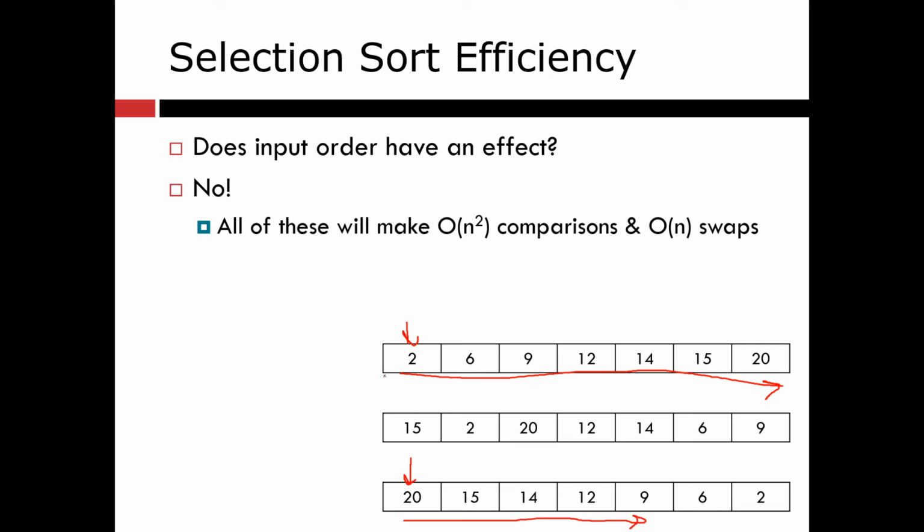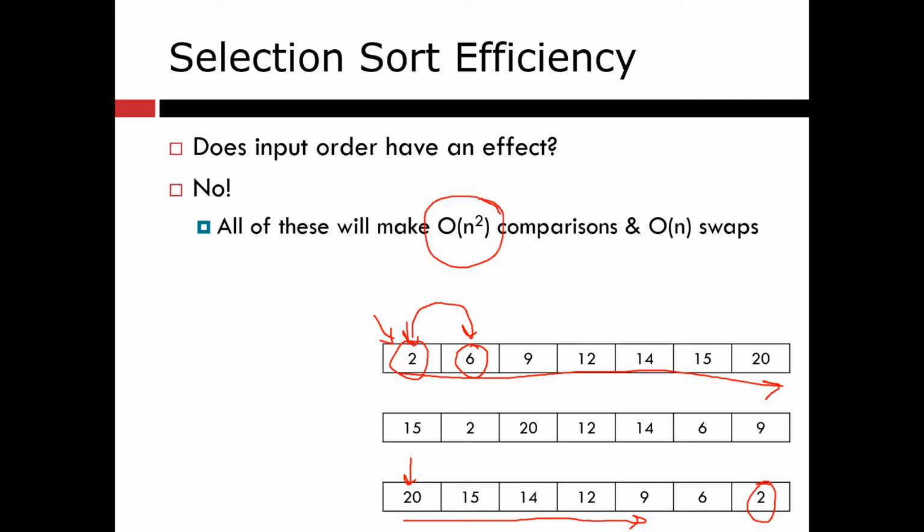Both of these first steps are going to identify the 2, and both are going to swap the 2 with the first location. Now, you might be seeing a pattern here that in this case, we could modify our algorithm to detect if we need to do a swap or not. In this case, we wouldn't need to do the swap, but we would still step forward and now find the smallest item, which we would again identify as the 6 and then not swap.